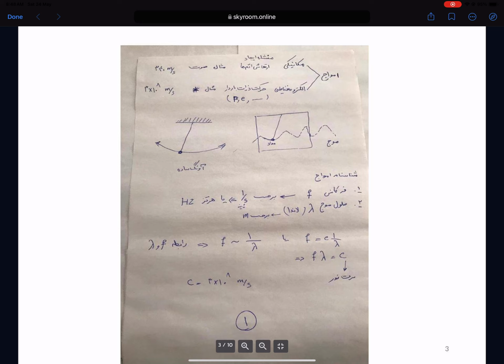So we know that for creation of electromagnetic waves, neutrons cannot be included because they don't have charge. Just electrons or protons can create electromagnetic waves because they have charge.